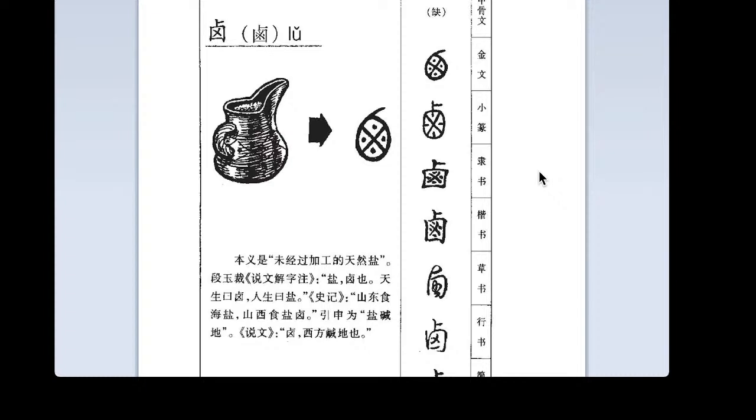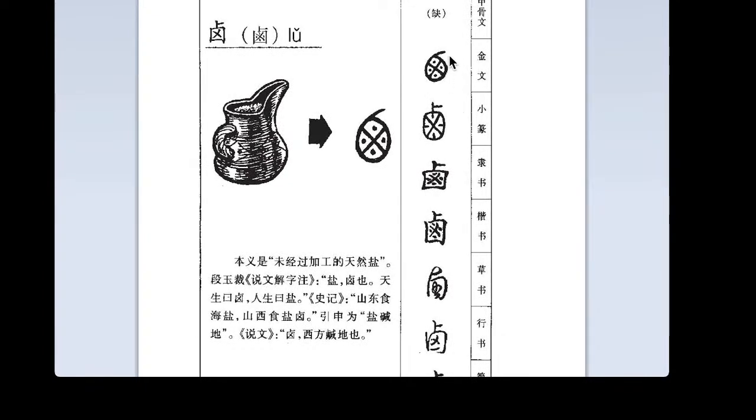But anyway, a lot of times you need to have a process of cooking it. You cook the salt to evaporate the water and then get the salt. So this is actually a picture of that container, and then you see the dots in the middle. That's the salt crystal coming out when the water gets evaporated.